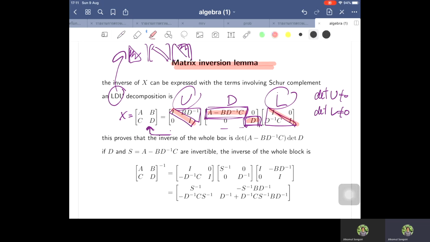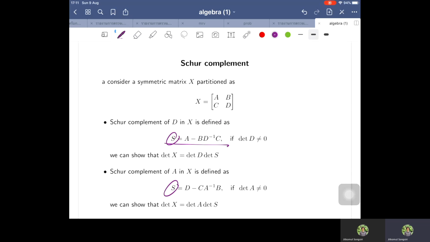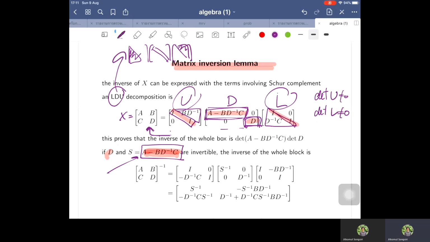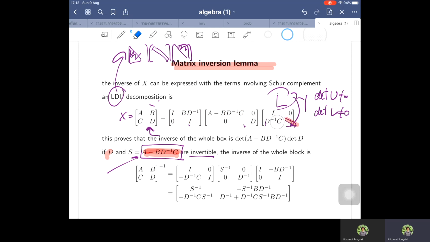So if we make that assumption, if D and this term, A minus B D inverse C, which is the definition of the Schur complement that we saw previously, are invertible, then of course you can just invert the whole thing.